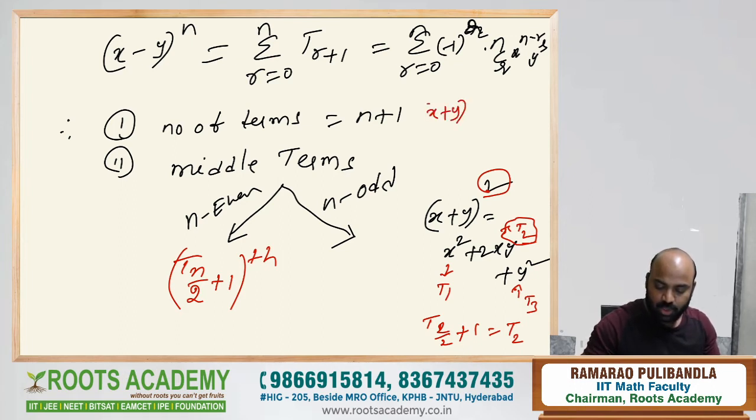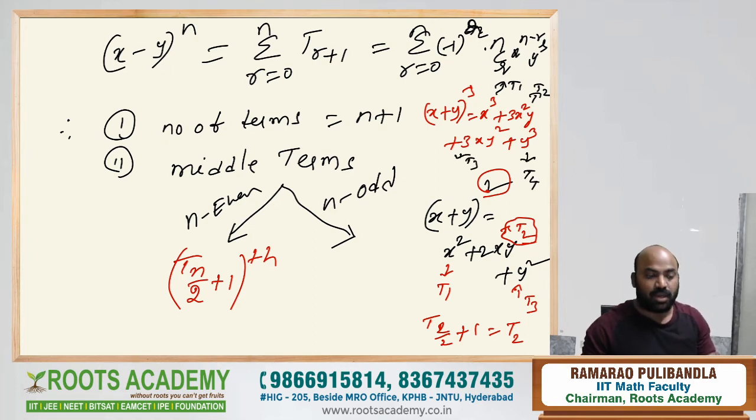(x plus y) whole cube, I can take it as x cube plus 3x square y plus 3xy square plus y cube. This is called term 1, term 2, term 3, and term 4.